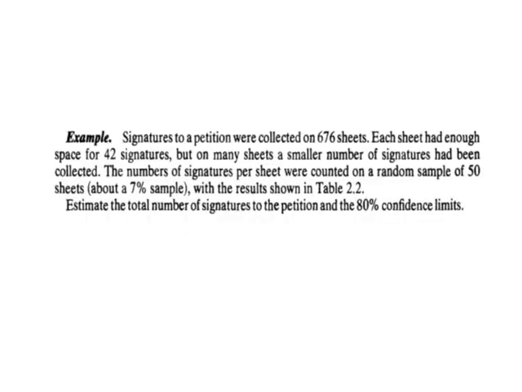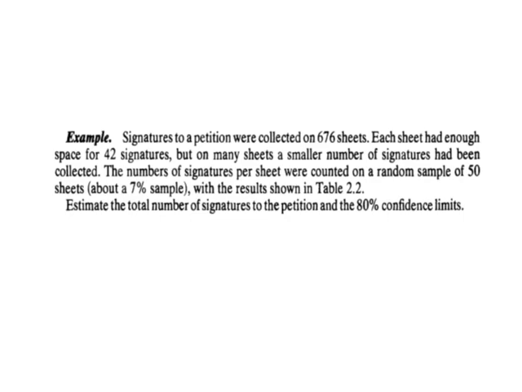Let's take an example. Signatures of a petition were collected on 676 sheets. Each sheet had enough space for 42 signatures, but on many sheets a smaller number of signatures had been collected.